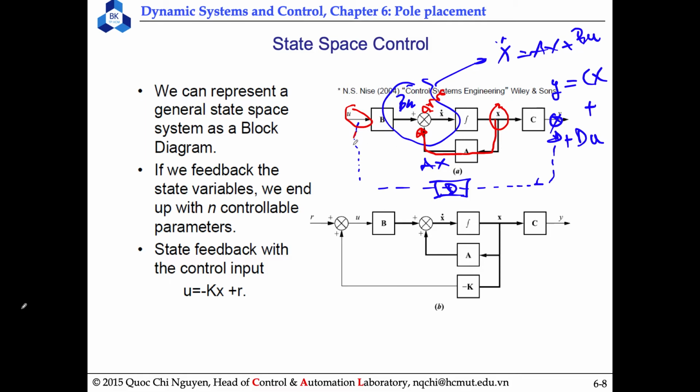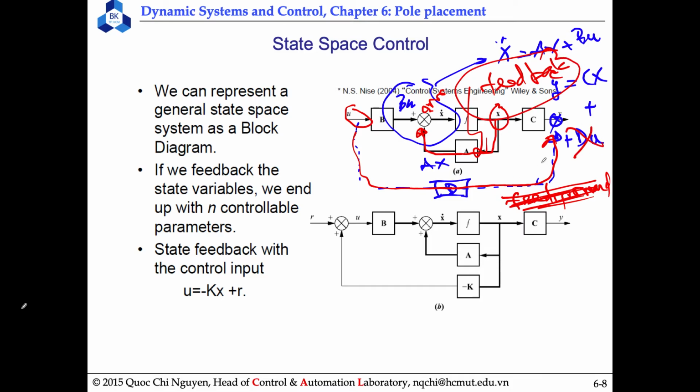But if we consider this path, which goes from here to here, this is not feedback, this is feedforward. In this course we don't consider the feedforward case, we just consider the feedback case. Therefore, we ignore DU here.